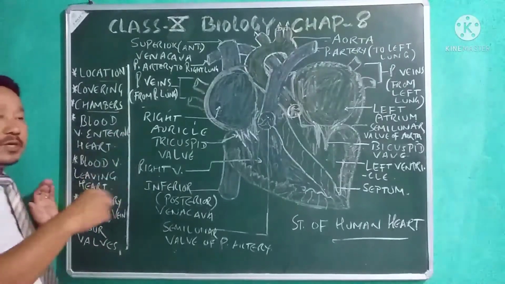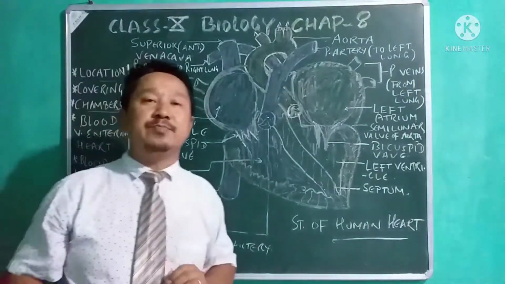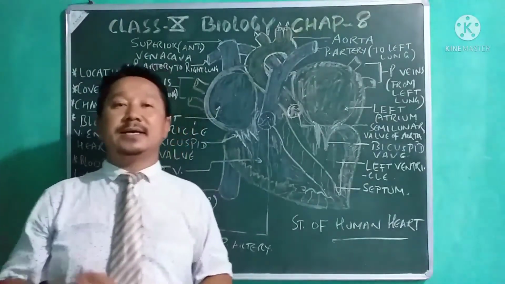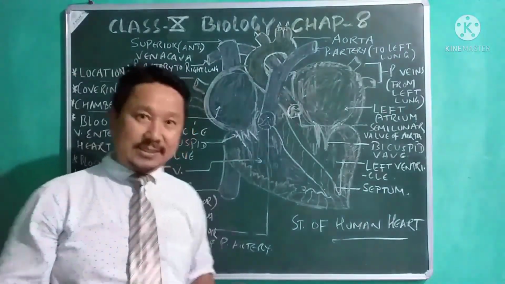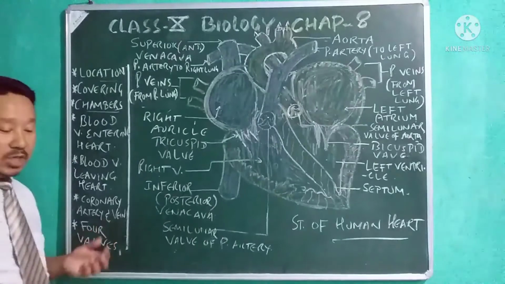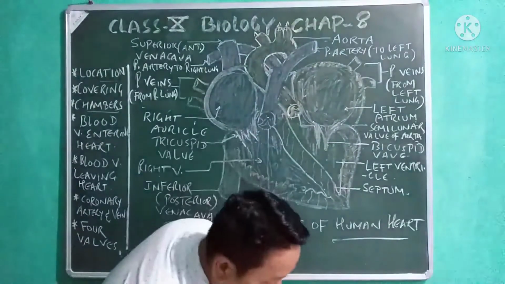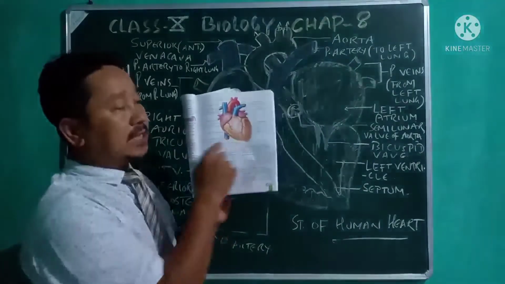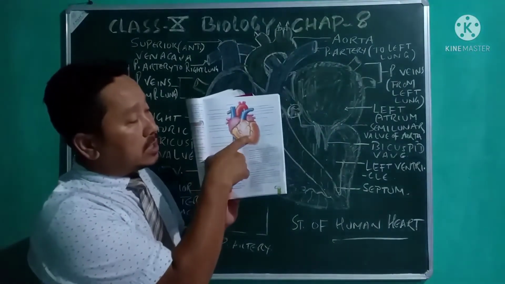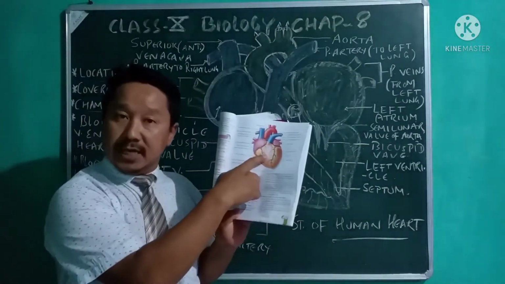After the use of the blood, all that impure blood is collected by blood vessels named coronary veins. Though it is not shown here, in the book, page number 99, this diagram shows the coronary arteries and coronary veins.